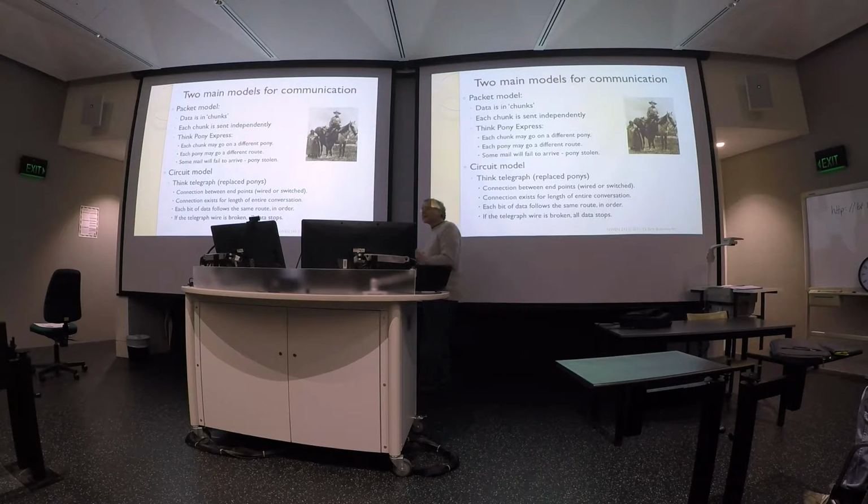And because they're going on a different rider and a different pony, they may go on a different route. So one rider may prefer a different route to another. And also, sometimes you had bandits, and the Pony Express was killed and the pony stolen, and so the mail didn't get through at all. But mail sent by another rider did get through, and maybe that was the second part of your message. So there's this idea of chunks where you've got this independence.